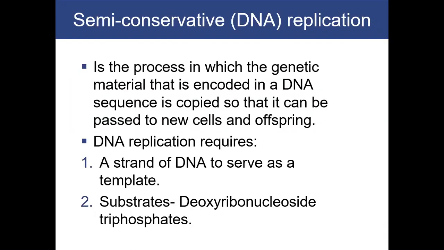DNA replication. Now, DNA replication is a semi-conservative process. And what it means is, let me just annotate quickly. So we have the genetic information, and during DNA replication, we're making copies of the existing information.